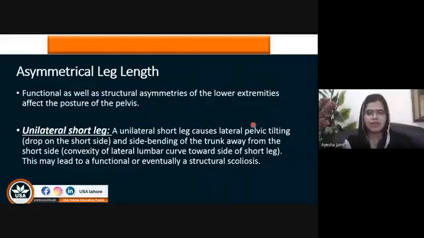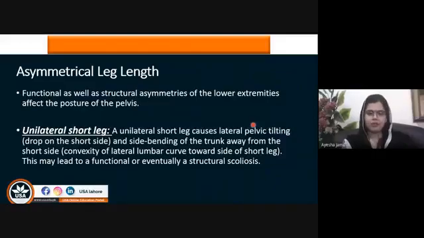Asymmetrical leg length means that one leg is lengthened and the other leg is shortened. So whenever there is leg length discrepancy, it may affect the structural and functional relationship of the pelvis, and abnormal forces are shifted towards the spine, head, neck, and arms, and abnormal forces are distributed down towards the leg.